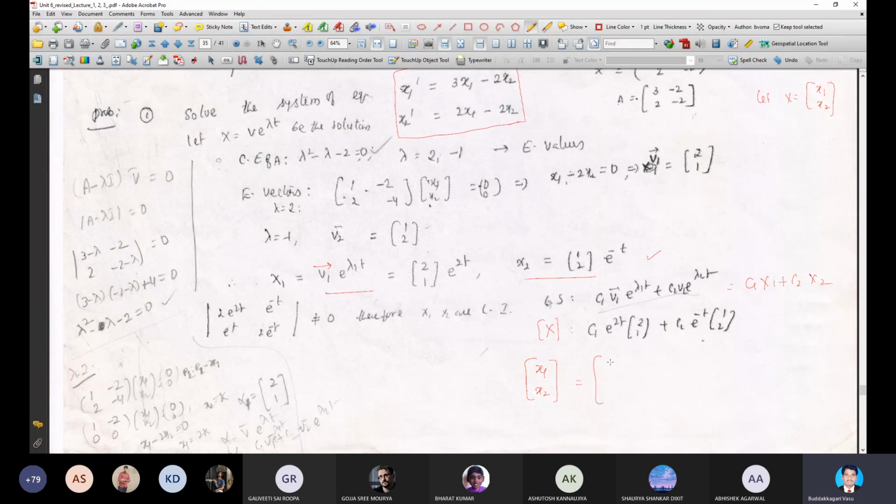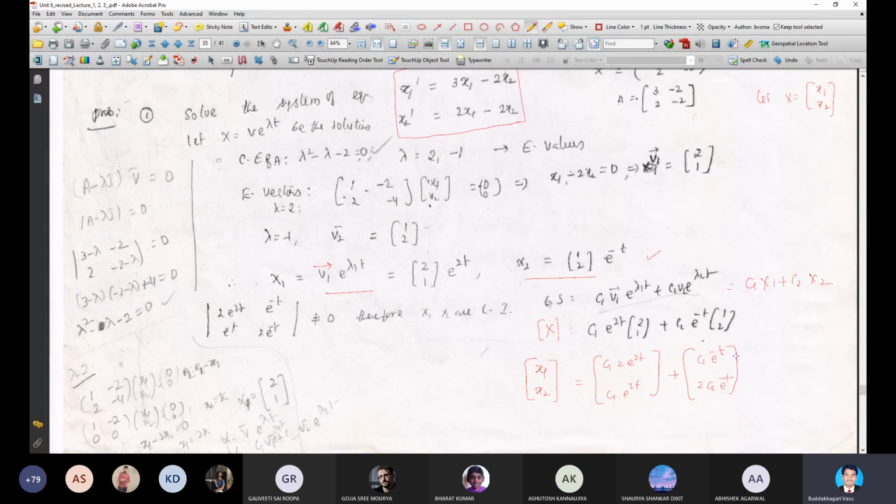You can write it as c1 into 2 e power 2t, c1 into e power 2t, plus c2 into e power minus t, 2c2 into e power minus t, right?